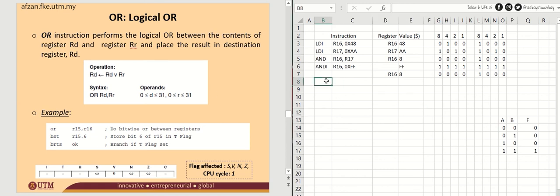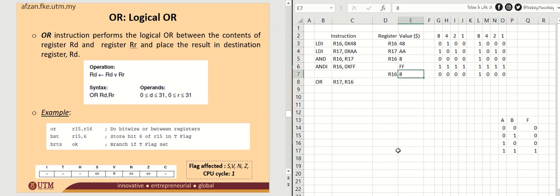Okay, so now we continue with the example. We look at the example here. You have OR R16, R17. Now what is the current value of R16?